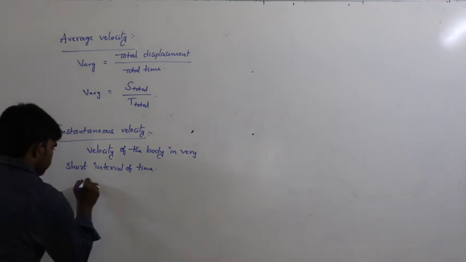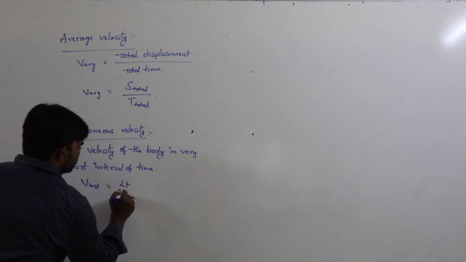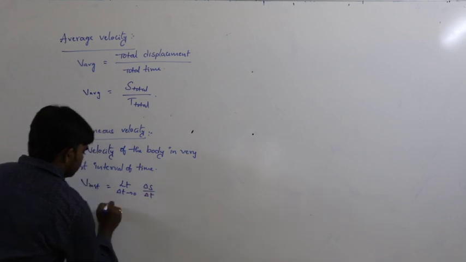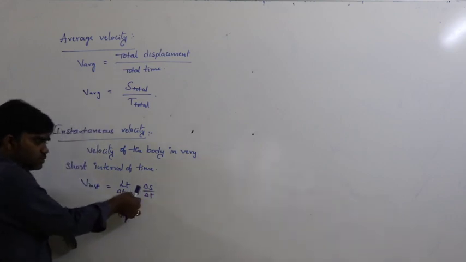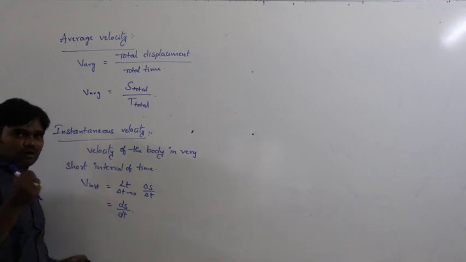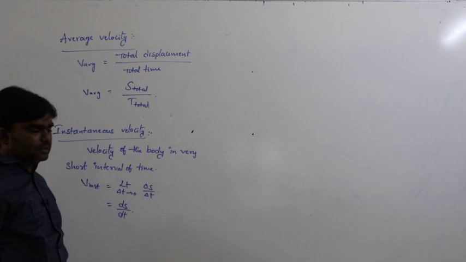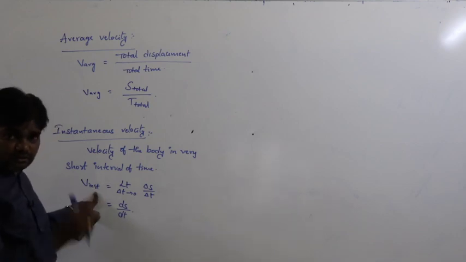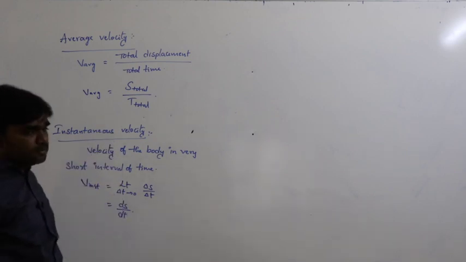Here also V instantaneous can be written as limit delta t tends to 0 of delta s by delta t, that is ds by dt. Delta t tends to 0 means a very, very small interval of time, less than 1 second, like that. So that is instantaneous velocity, just like speed, but velocity is a vector and speed is a scalar. These are the terms.